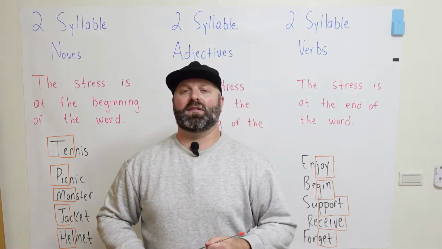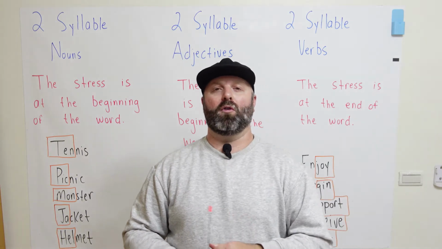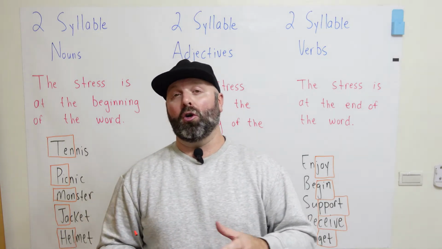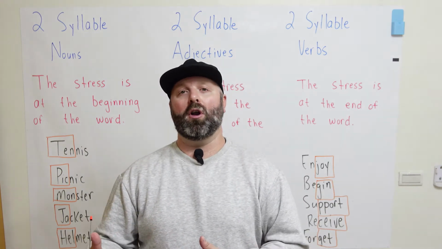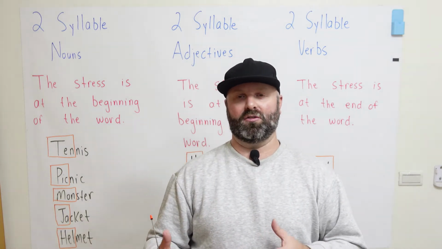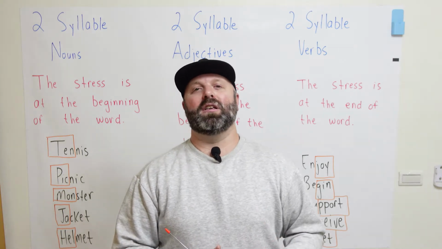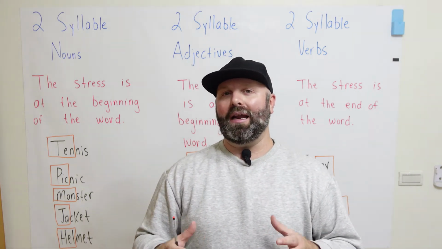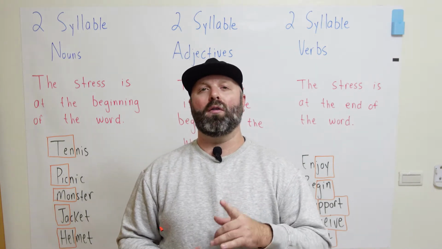Now, before we get started, I just want to quickly go over what a syllable is. I talked about syllables in an earlier video when we did one on comparatives, adjectives, and superlatives. In case you didn't see that video, a syllable is basically a break in a word with at least one vowel.